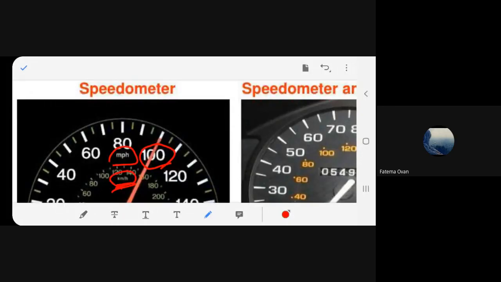So what it is actually showing over here is 160 kilometer per hour. Your car is running at 160 kilometer per hour and 100 miles per hour. You understand? Yes, ma'am. Okay, fine.